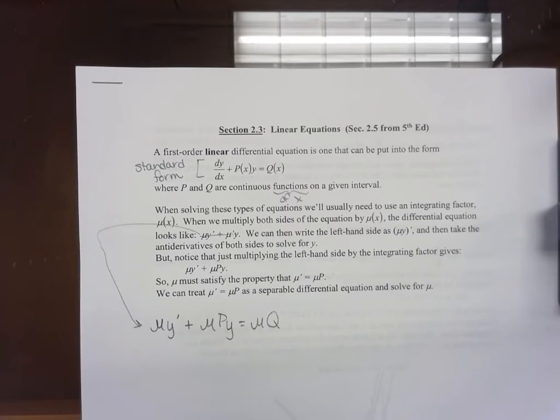For now, there is a way to get the left-hand side to look like this: mu y prime plus mu prime y. There is a way to do that. I just have to think about that for a minute. I'll come back with that on Thursday.